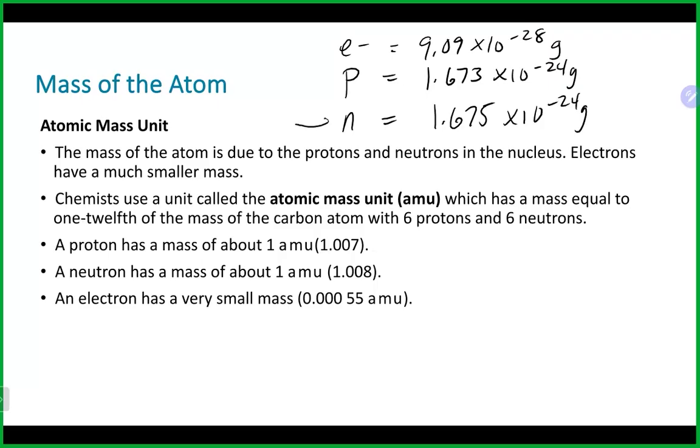Actually, it is the neutron out of all three of those subatomic particles which is the heaviest. It's just slightly beating out the proton. The neutron and proton are very close to each other, but the neutron is the heaviest, followed by the proton in terms of mass. The electron is about 1,800 times lighter than any proton or neutron there is. So the electron is much, much lighter than those other two particles.